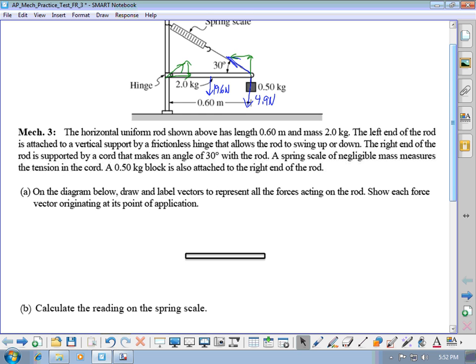So for this, draw and label the vectors to represent all the forces. We have the weight of the 0.5 kilogram block, so it's the weight of the block. We have the weight of the rod. There's the tension in the rope.